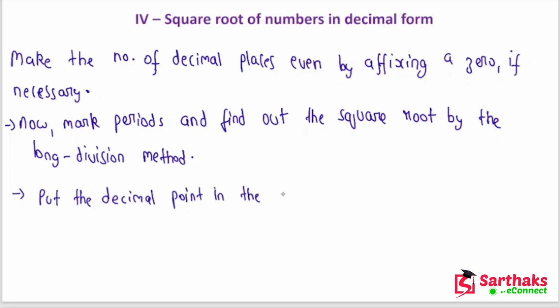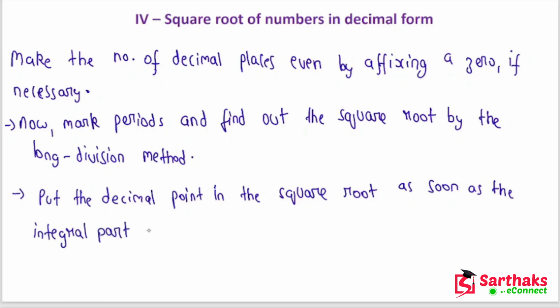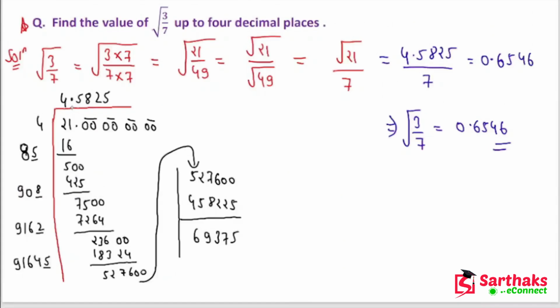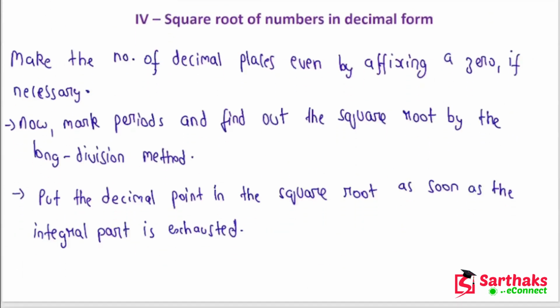Put the decimal point in the square root as soon as the integral part is exhausted. So put the decimal point in the square root as we have done like this. As soon as 21 was exhausted, we put a decimal in the quotient part. So these are the steps.